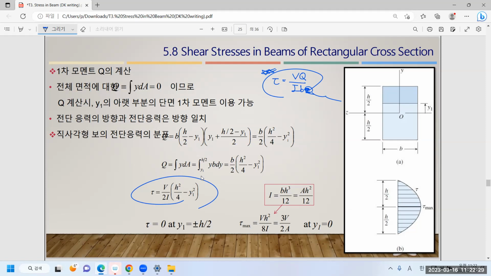So y is the distance from the neutral axis, and the integral of y dA is the definition of the area calculation, isn't it? So that should be 0 for the entire area. One important thing is, if you want to calculate Q, the first moment, you can utilize this information.